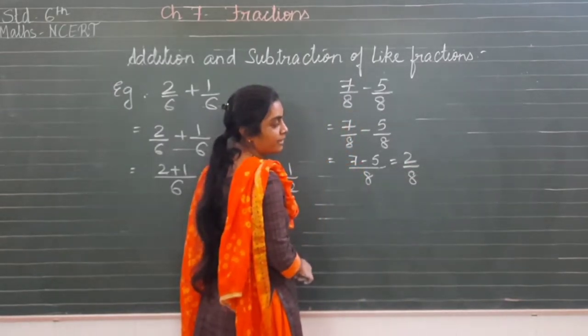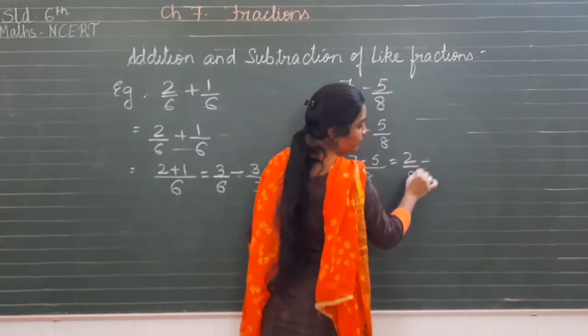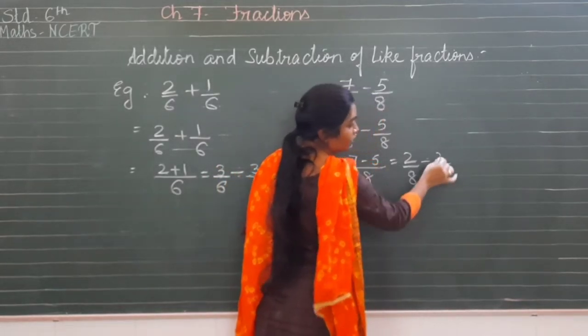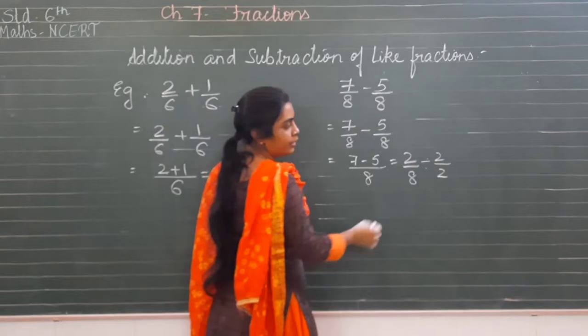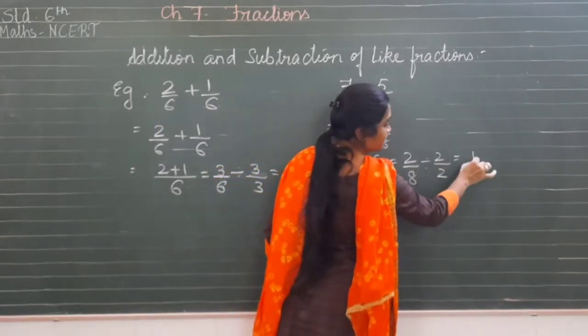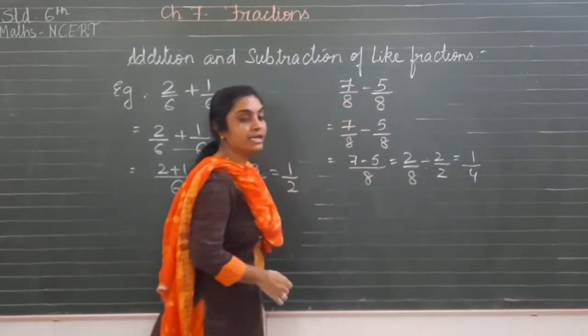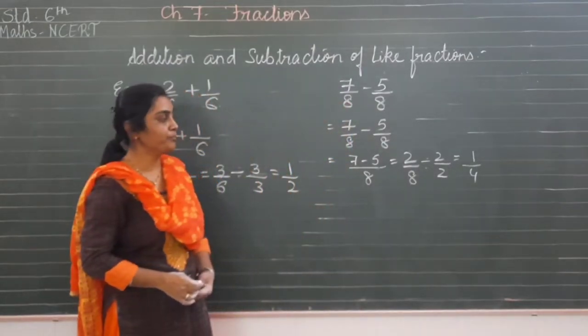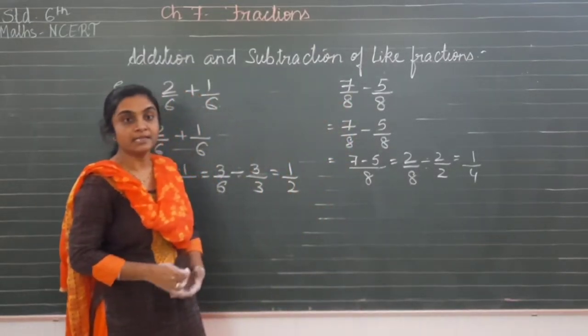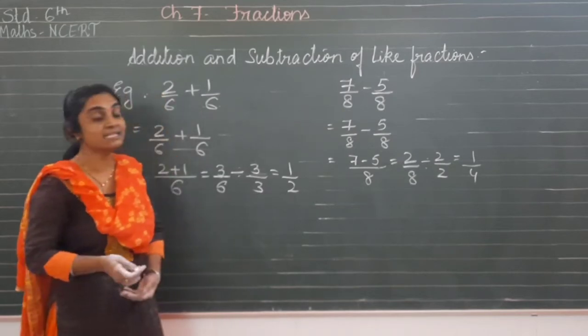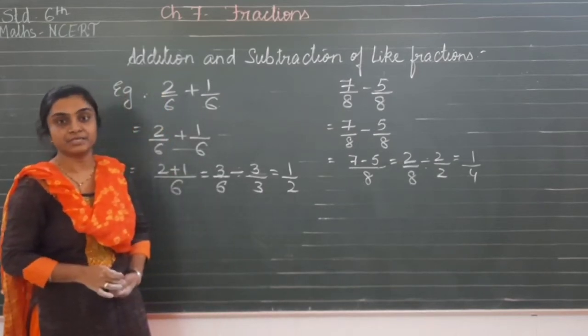Reduced form of 2 upon 8: if you divide the numerator as well as the denominator by 2, 2 divided by 2 is 1 and 8 divided by 2 is 4. So 1 upon 4 is the simplest form of 2 upon 8. This way we can do addition and subtraction of like fractions.